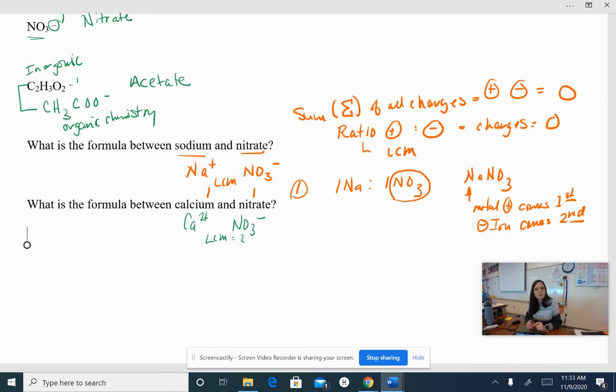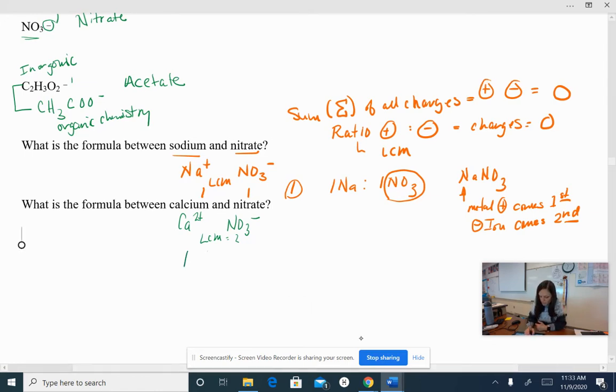So how many calciums do I need to have a +2 charge? I need 1 calcium to get to a +2 charge. How many nitrates do I need to get to a -2 charge? I need 2 of them. Now the thing is, I can't just do NO3 2 because I don't want 32 nitrates. So how do I show that I multiply that group by 2?